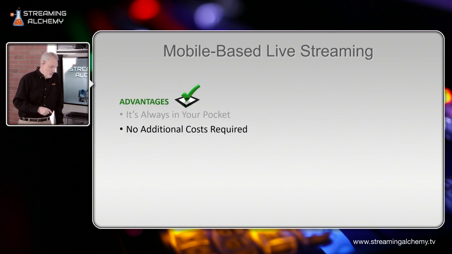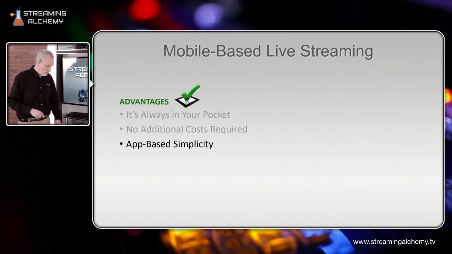The other thing is that even though we've talked about things like additional microphones that you can add, you can start live streaming with your cell phone with no additional cost. So if you have your phone, you have your data plan, you can start live streaming right away. And that's incredibly powerful. There's no extra gear that you need to get to begin. It also is probably one of the simplest ways to live stream.